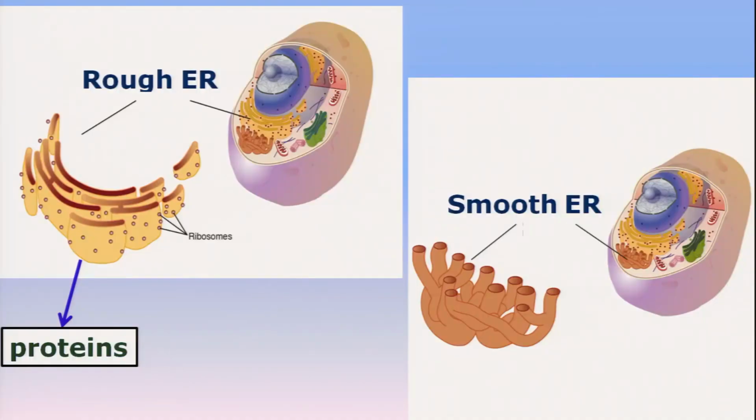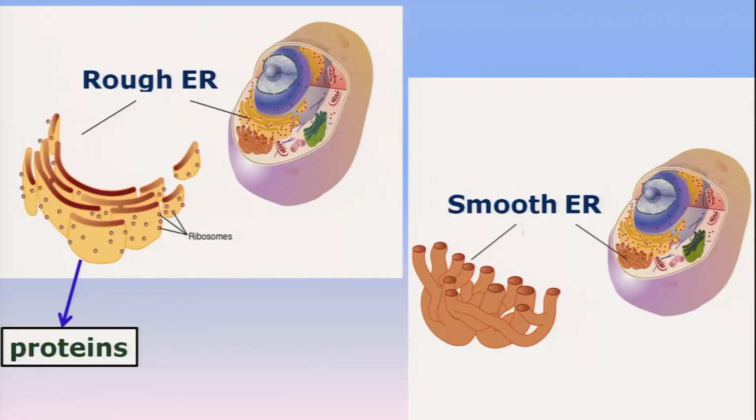That's why rough endoplasmic reticulum synthesizes proteins. And what about smooth endoplasmic reticulum? They do not have ribosomes attached to their surfaces. They synthesize lipids. So, rough endoplasmic reticulum synthesizes proteins and smooth endoplasmic reticulum synthesizes lipids.